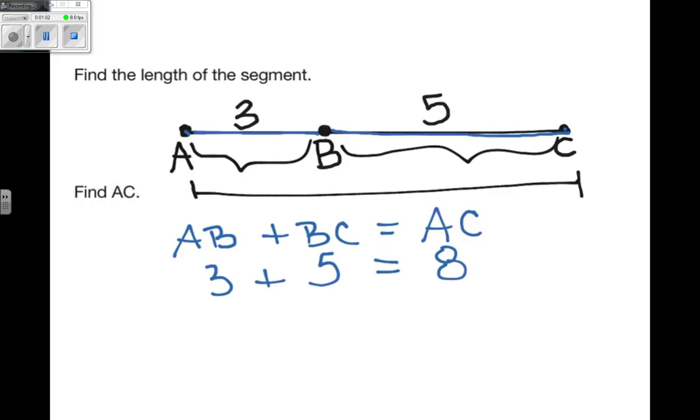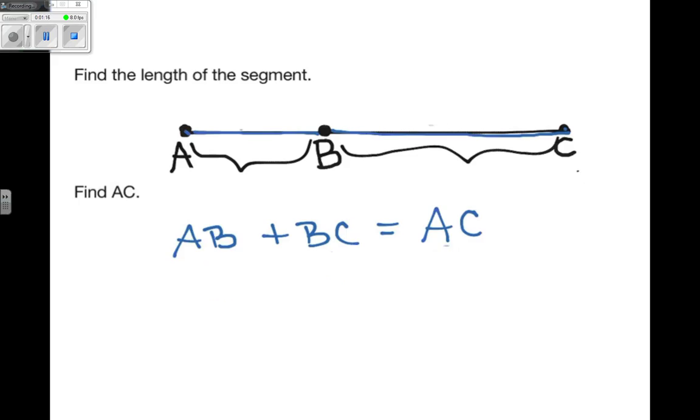Now, with that same concept and idea, let's imagine if we didn't have numbers for the lengths of our segments AB and BC, but expressions. So let's revisit this problem and say that the length of AB was 3x plus 4, and the length of BC was negative 2 plus 9x.